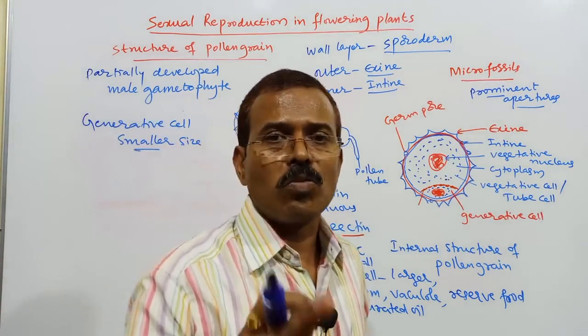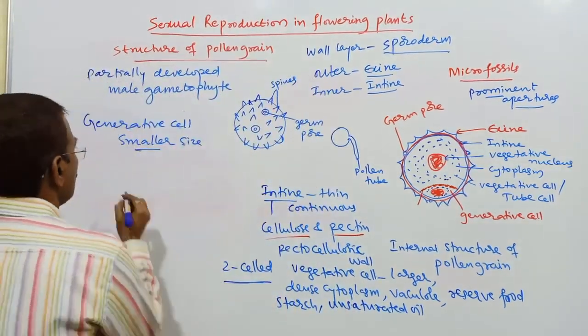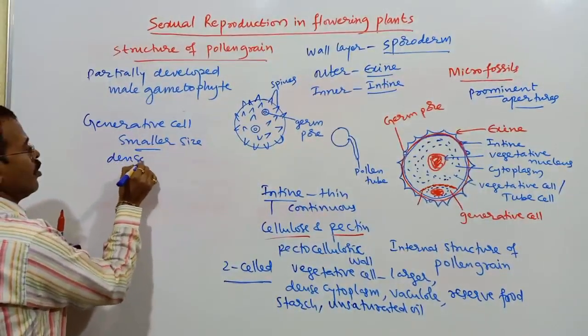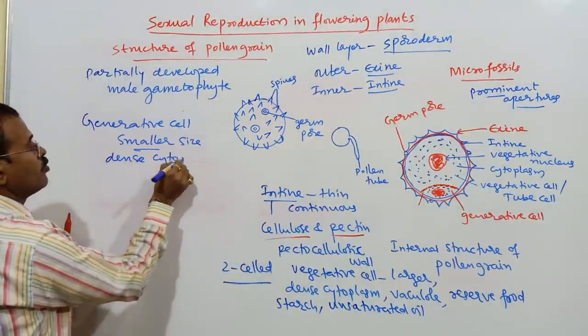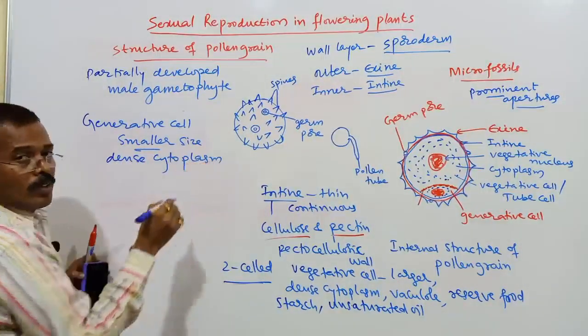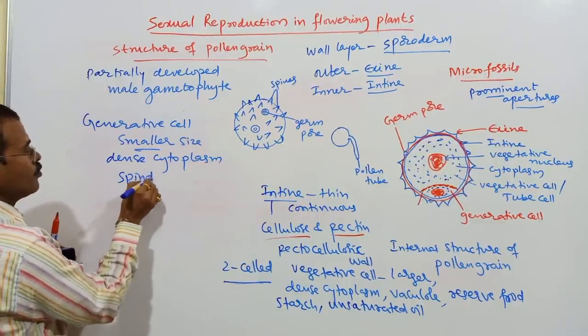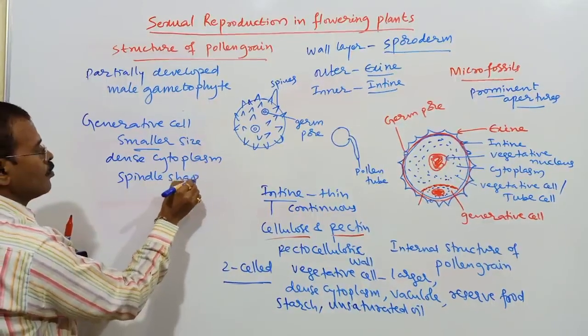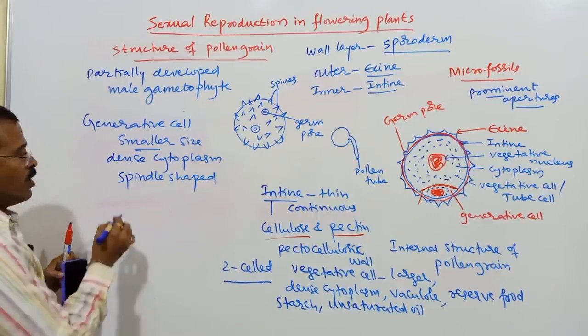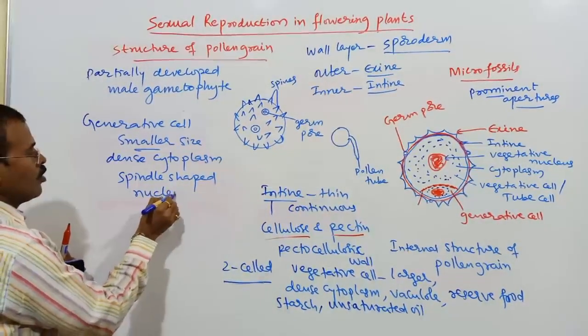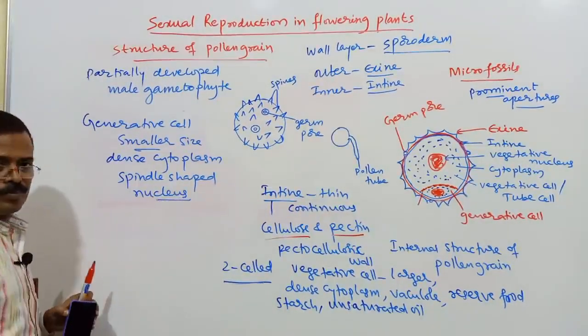Generative cell is smaller in size. It has a dense cytoplasm. It is spindle shaped, containing a nucleus.